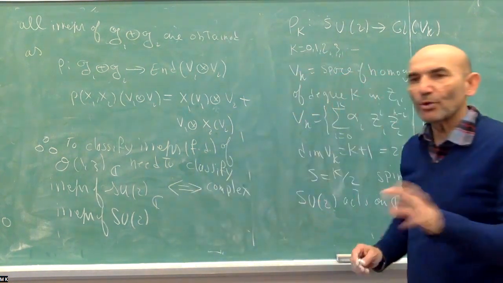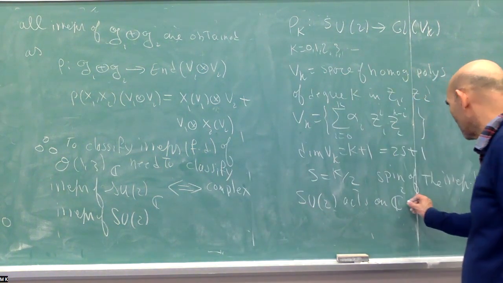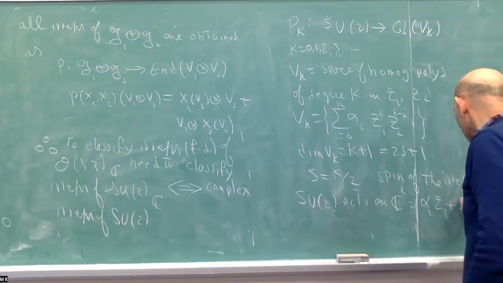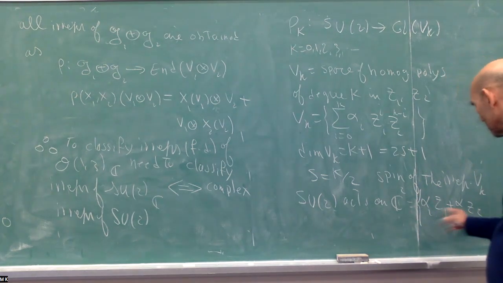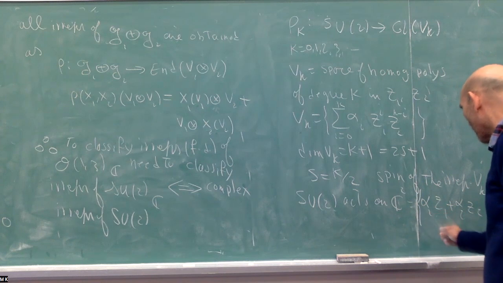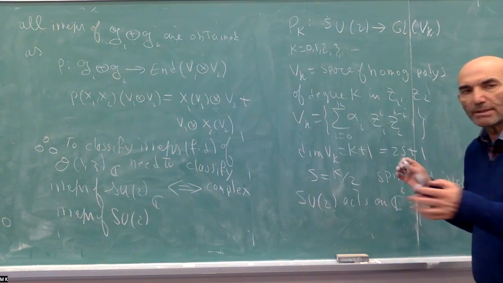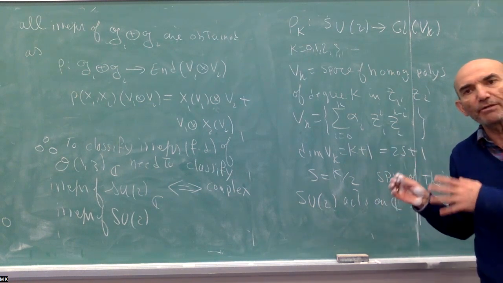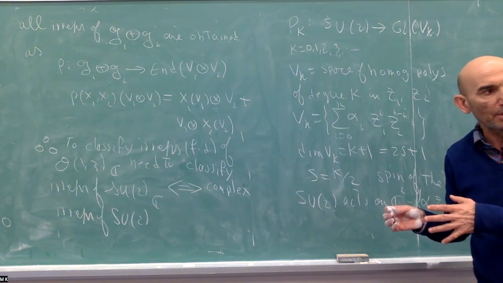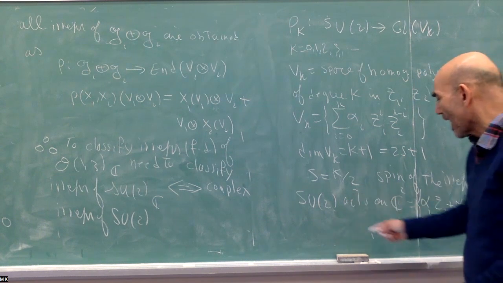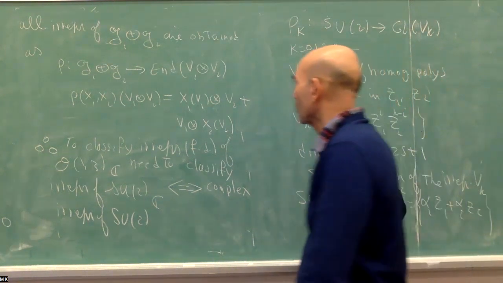This is like linear polynomials of degree 1, alpha 1 Z1 plus alpha 2 Z2. We identify the first coordinate e1 with Z1 and the second coordinate e2 with Z2. So obviously SU2 acts on this, and it also acts on polynomials by pullback.